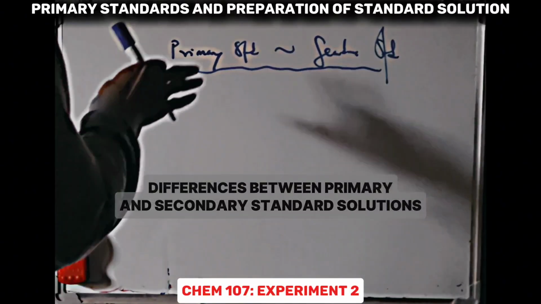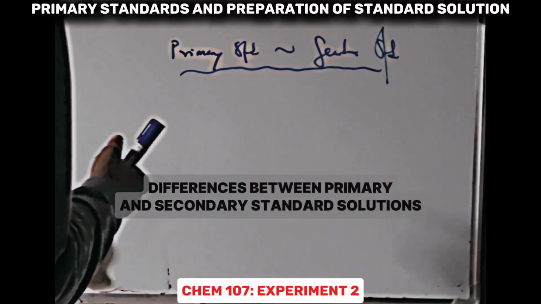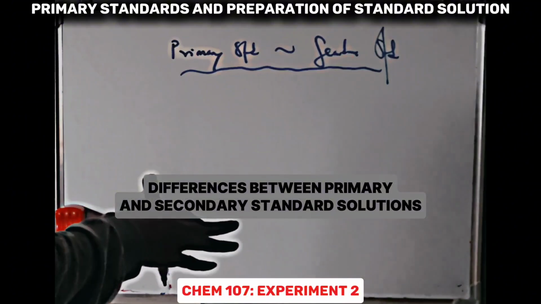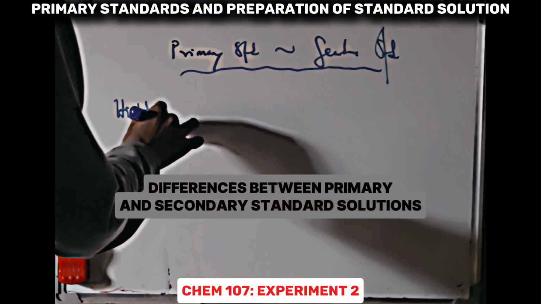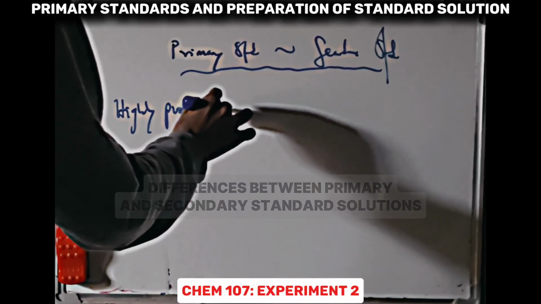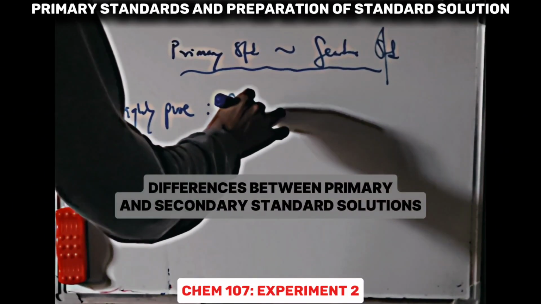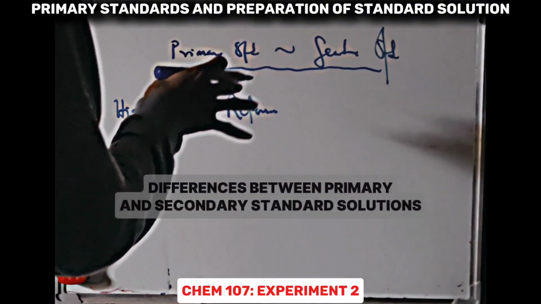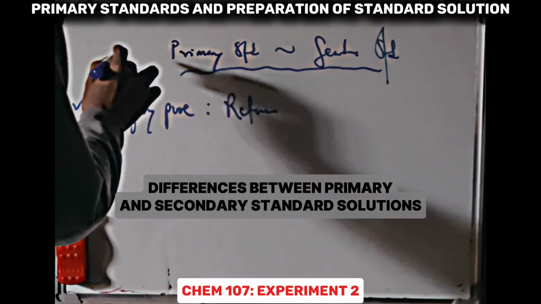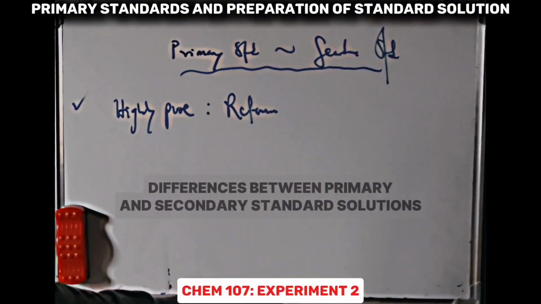Now, primary standards, just as we said earlier, are highly pure, and they serve as reference materials or reference points in an experiment. What this means is that you use them to standardize.